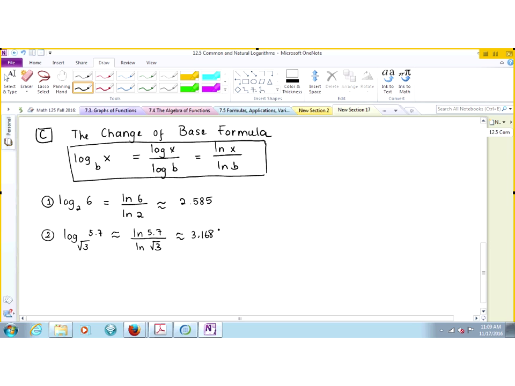This is 2.585. The other one is LN 5.7 divided by LN square root of 3. You just have to be quick.